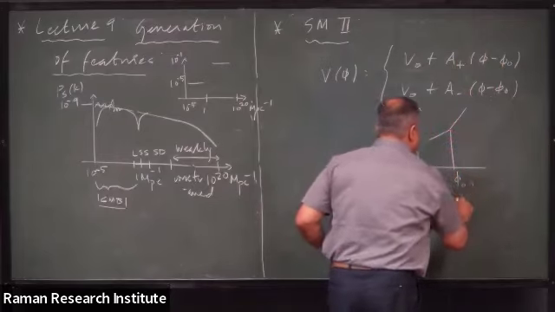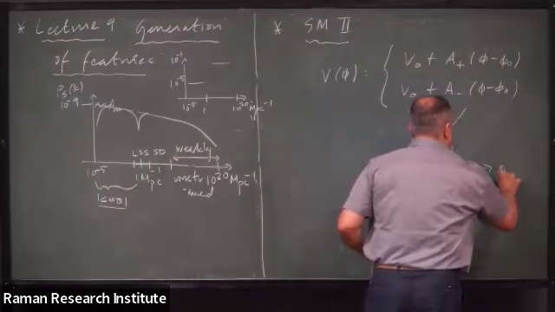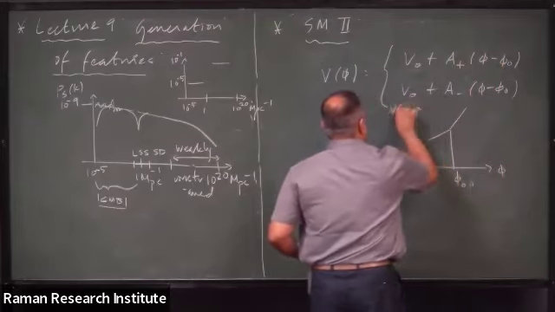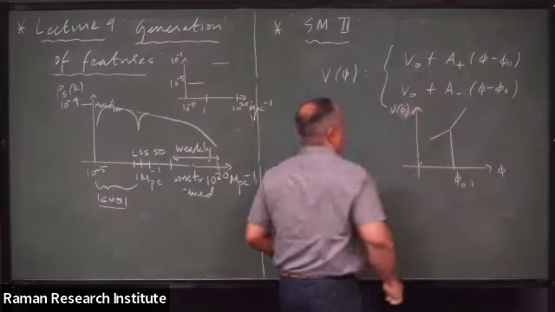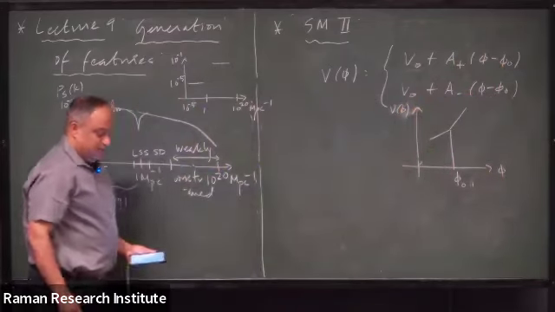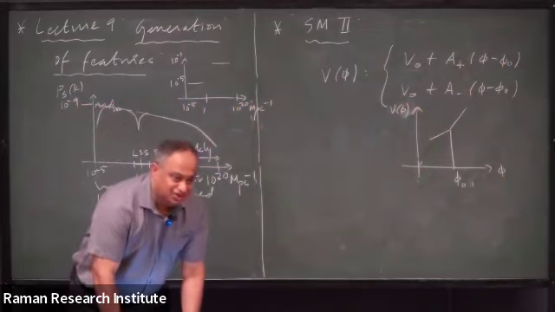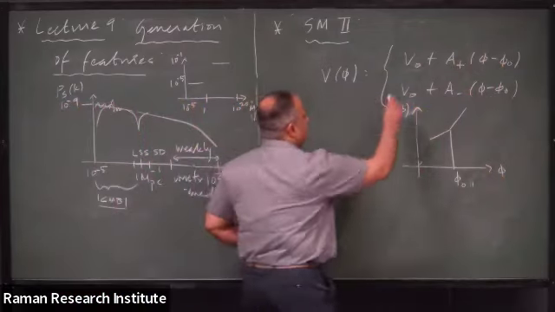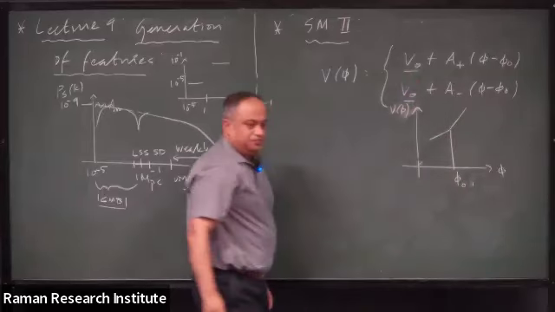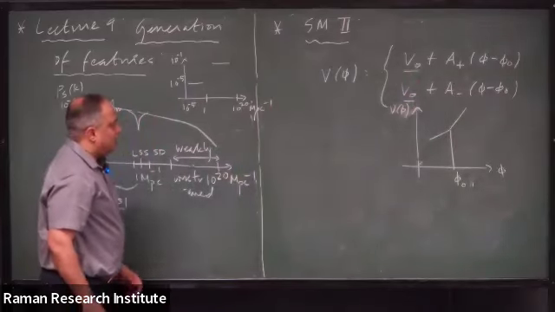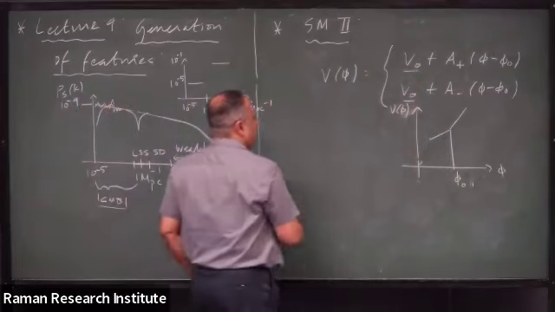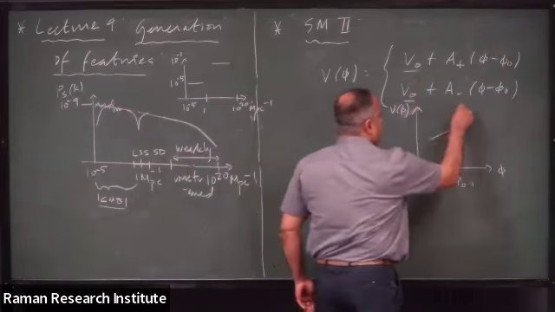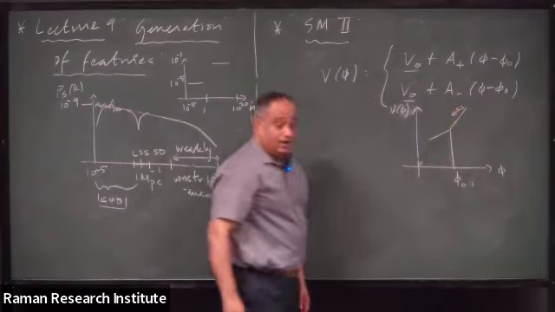This is phi, V of phi. And what we are going to assume is that V naught is large. In other words, the background dynamics is largely driven by this V naught. And as a result, there is slow roll. The field starts somewhere here, slowly rolling down the potential.